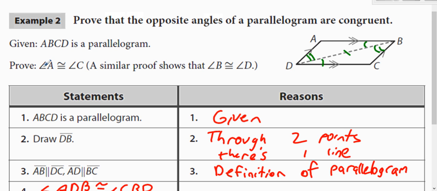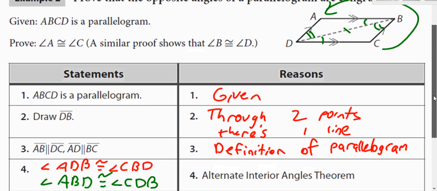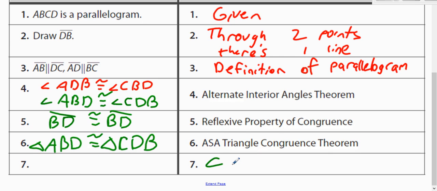Now we're trying to prove that angle A is congruent to angle C. They're corresponding parts. Those angles match up. If you rotate this around, C matches up with A. So they are corresponding parts of the triangles, and the triangles are congruent. So angle A is congruent to angle C because they are corresponding parts, and we just said the triangles were congruent.